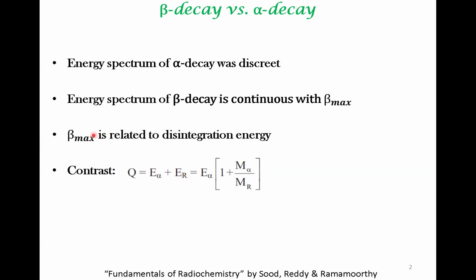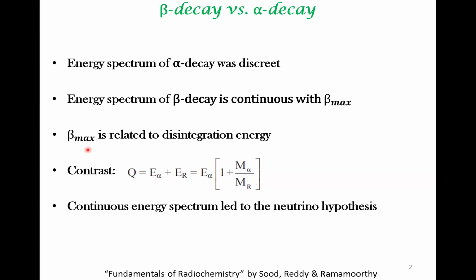So the beta maximum energy is related to this, and more or less all the energy goes into the velocity of the beta particles. But that is not the reason for the continuous spectrum. We'll see.